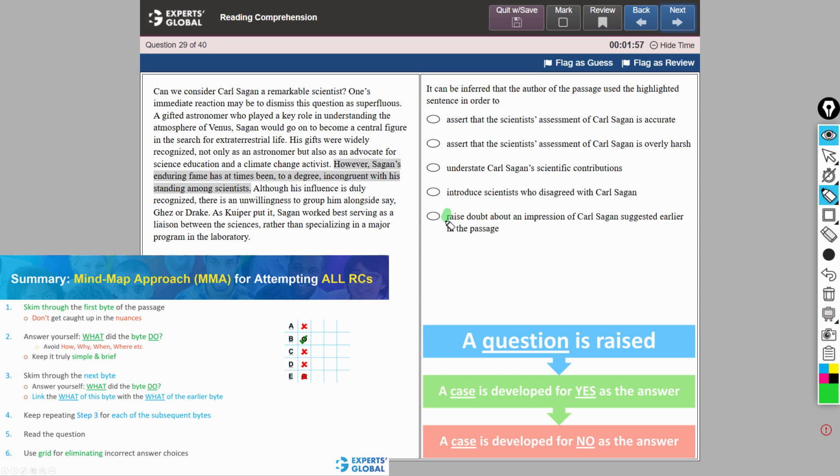Therefore, yes, to raise doubt about an impression of our scientist suggested earlier in the passage from here to here can very well be considered the purpose of the highlighted sentence.